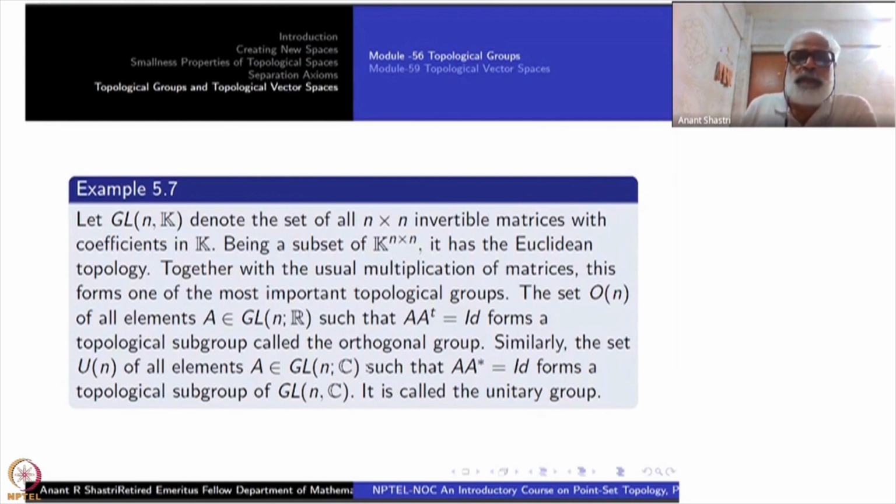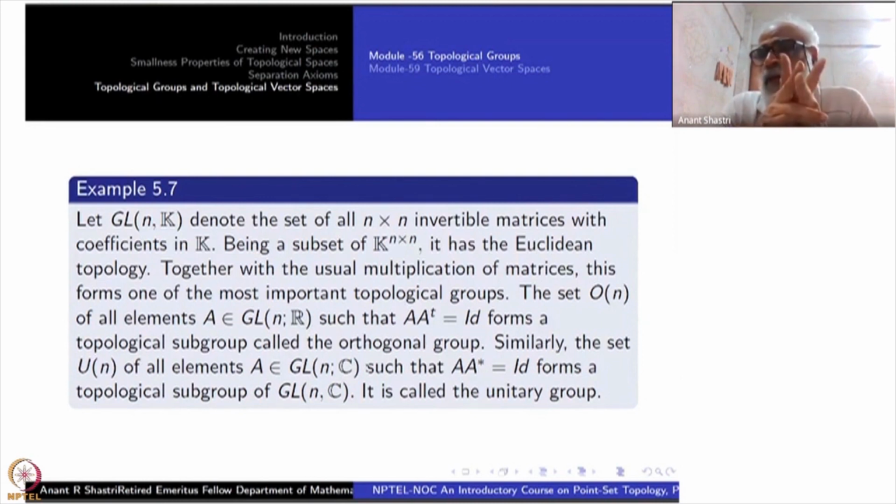Similarly, you can look at O(n), which is defined as all those real matrices such that A transpose A is identity. If you take complex matrices and then take A star, namely the conjugate transpose, such that A star A is identity, that will be called the unitary group. So verification that they are groups is easier. It is linear algebra, matrix theory. The only missing thing was why the group multiplications are continuous.